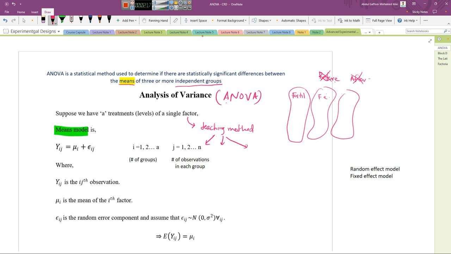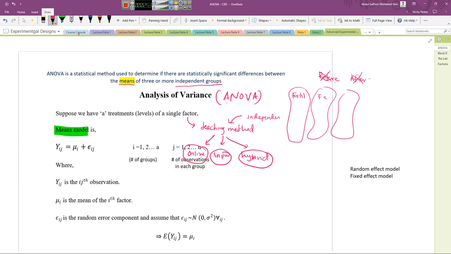Let's say the first one is online mode, the other one is physical mode, or we can say in person, and the other one is hybrid. Some classes are conducted online, and for practicals they have to come to the school or university. So these three are called levels, the divisions of our independent variable.